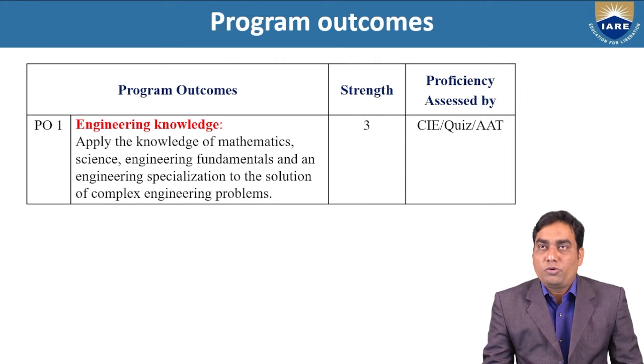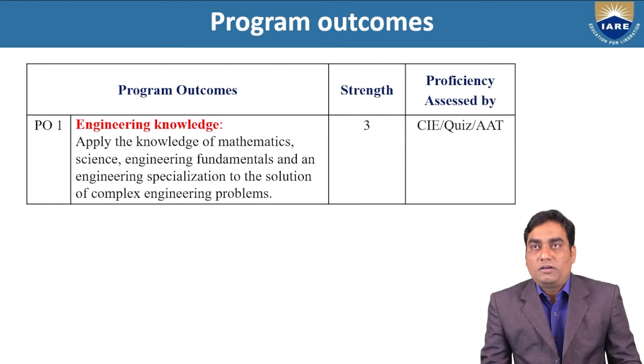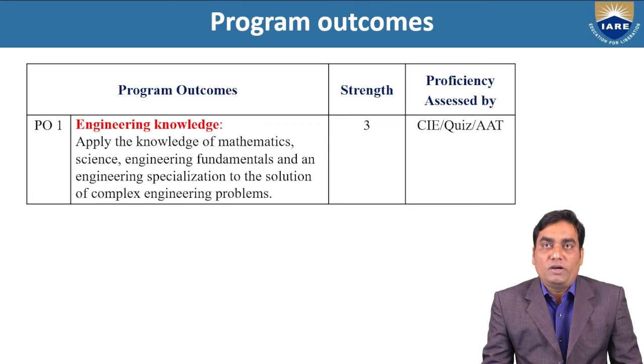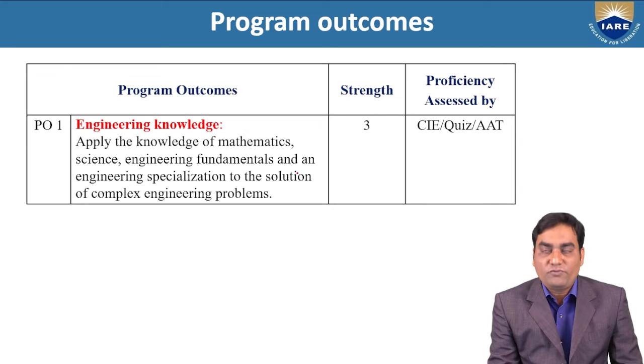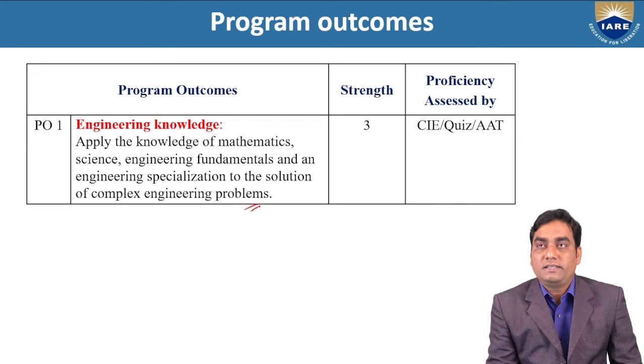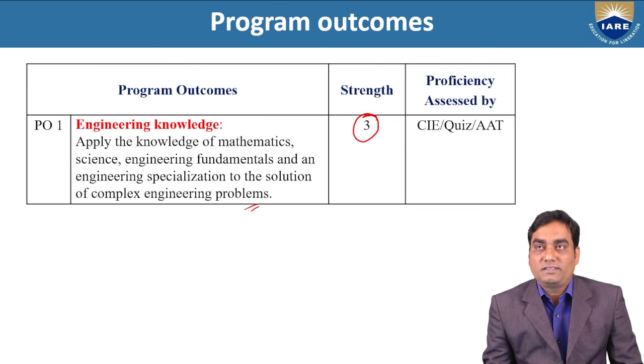Now those program outcomes are defined. First, PO1, engineering knowledge: apply the knowledge of mathematics, science, engineering fundamentals, and engineering specialization to the solution of complex engineering problems. The strength of this PO1 is 3 in our probability and statistics subject.